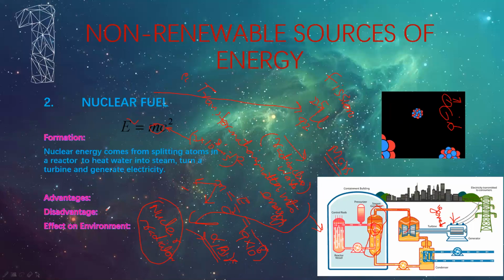That is a kind of disadvantage, but the advantage is that we can use nuclear radiation for the treatment of various illnesses. We can use it in industry. We can use it in agriculture, right? So there are various advantages and disadvantages of nuclear fuel, right?